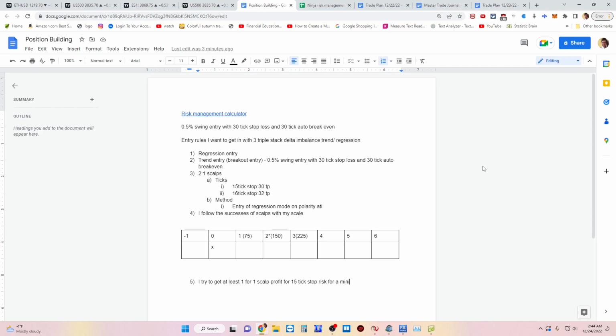And I just keep on going until I have a loss on the minis on the scalp, and I try again. It's basically like a huge bank for multiple attempts until the trading day is over, which is pretty much 10:30 a.m. for me. But that's my method for position building.